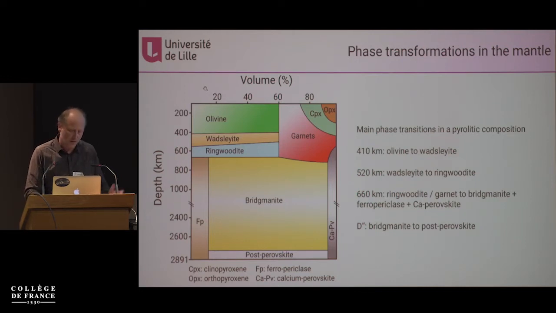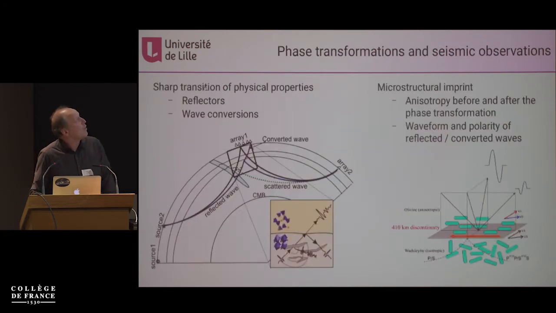What is the connection between phase transformations and seismic observations? Well, phase transformations create very sharp changes in physical properties, so you get those seismic reflectors, and you can locate boundaries within the Earth. You get wave conversion. So it's a very clear region in the Earth that we can map with seismic observations.